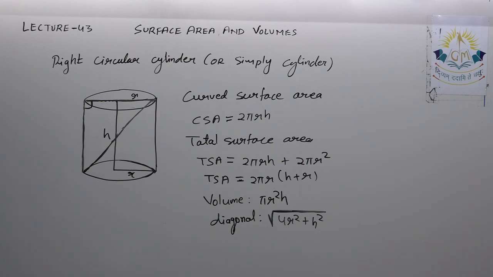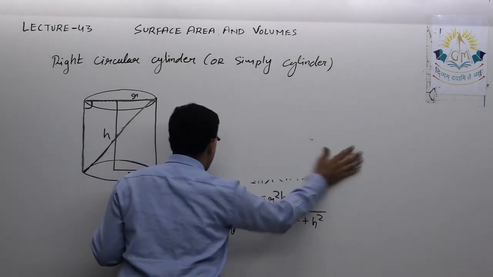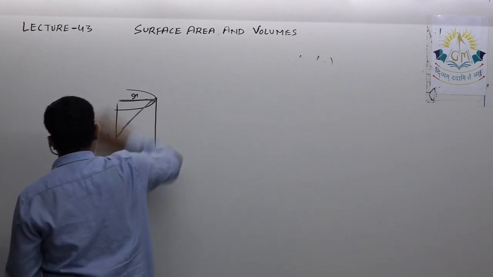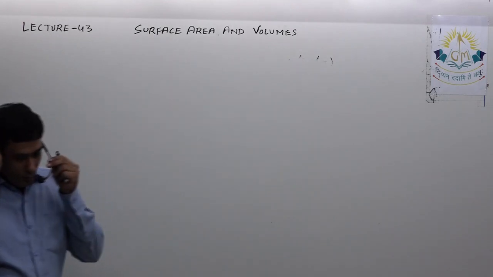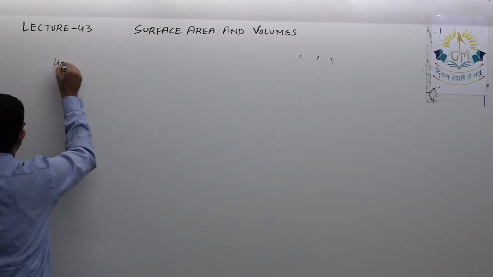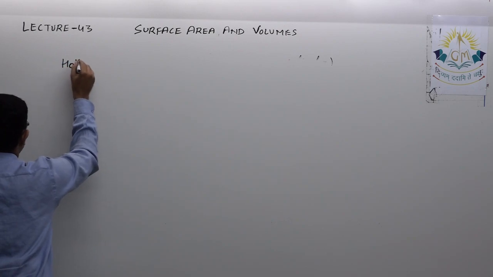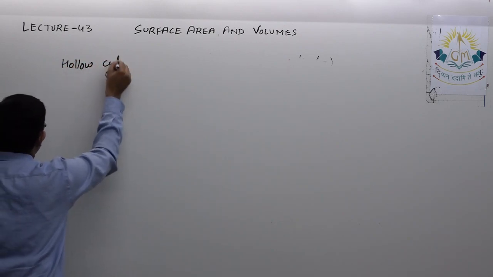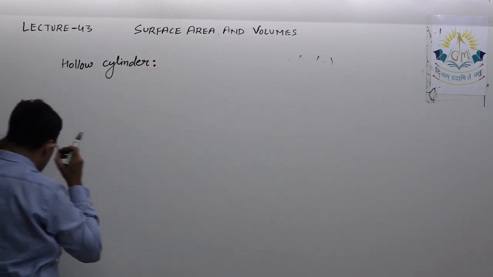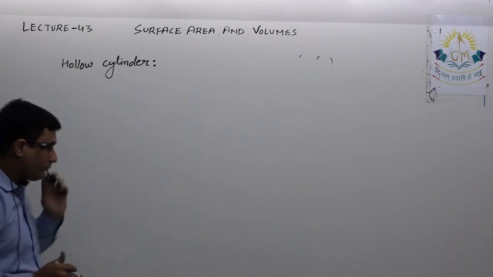Okay, so now next we will see hollow cylinder, or cylindrical shell. So hollow cylinder, again we can say a pipe is a hollow cylinder.